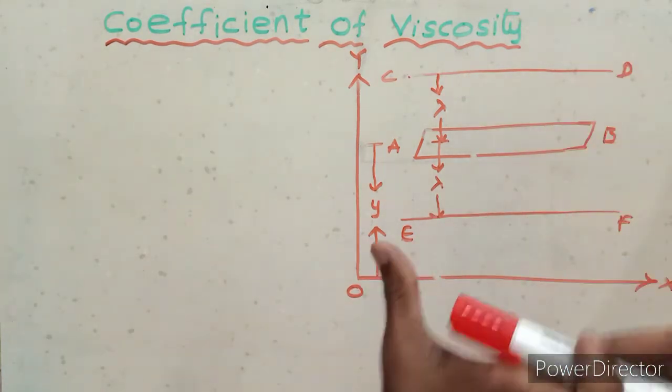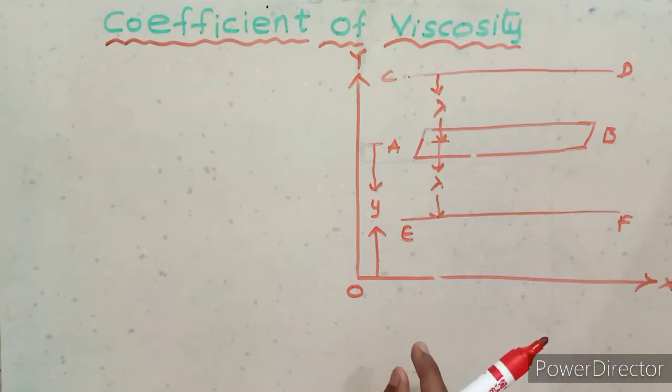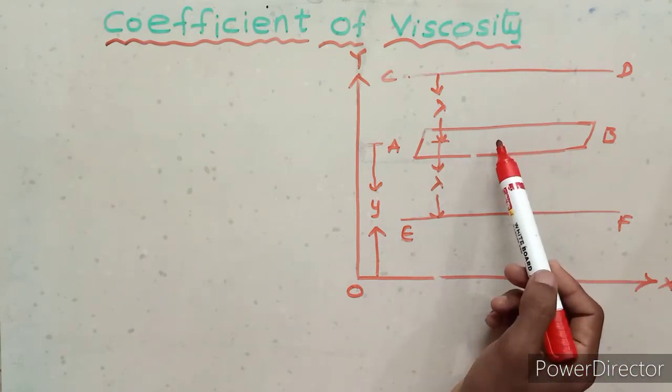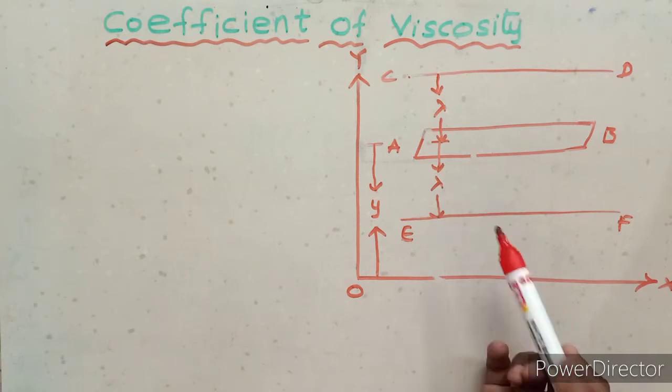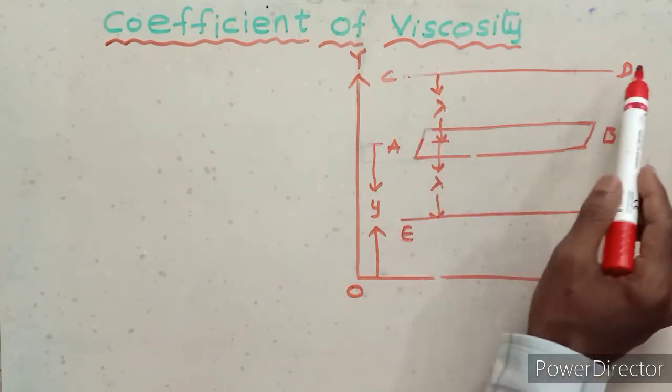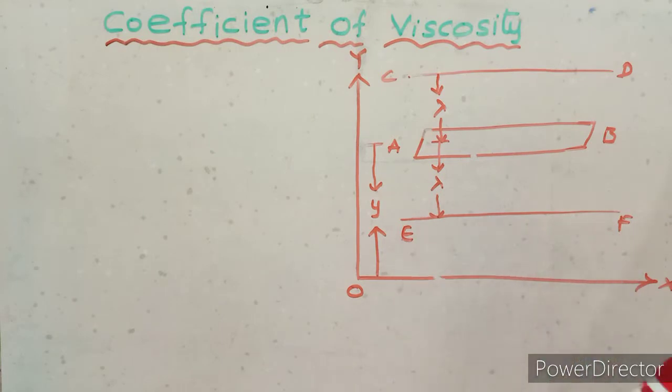The above layer of AB is the CD, the below layer of AB is the EF.